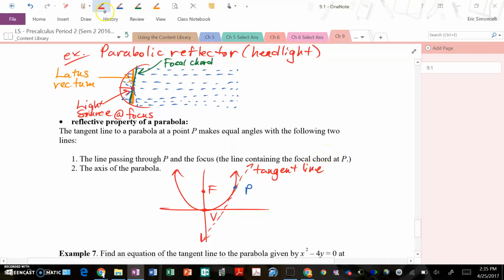And then we have other aspects to highlight. Particularly, we have some segments from the focus to point P and from the focus to the y-intercept, which we'll identify in our next video and continue from there.